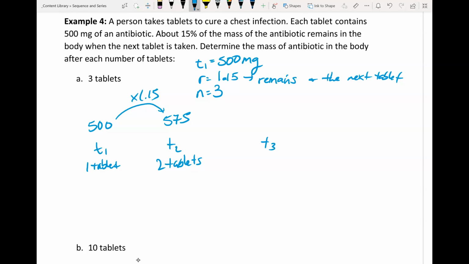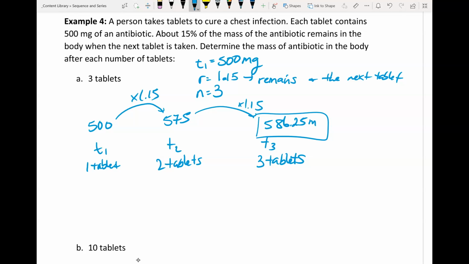Then lastly for T3, which is what we want, the 3 tablets, I'm going to multiply 575 by 1.15, and we're going to get 586.25 milligrams. And this is what we're looking for. This is the mass of the antibiotic in the body after 3 tablets.